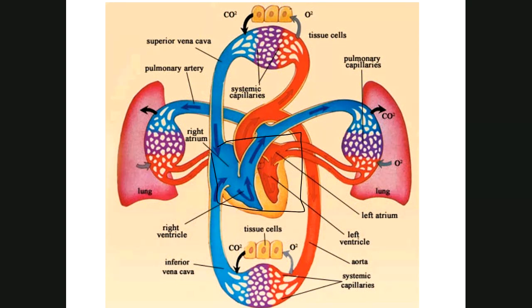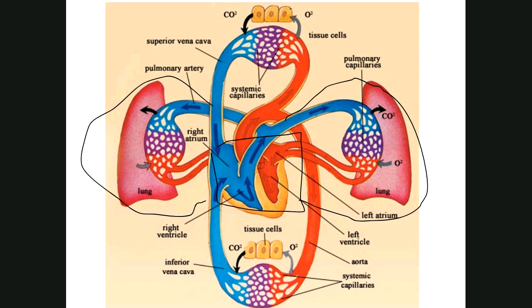There's one that goes to the lungs and then comes back to the heart. And then there's one that goes to the rest of your body, the head, the neck, all of that, your arms, your shoulders, and also the legs and feet and all that, and comes back to the body. So there are two of these circuits.